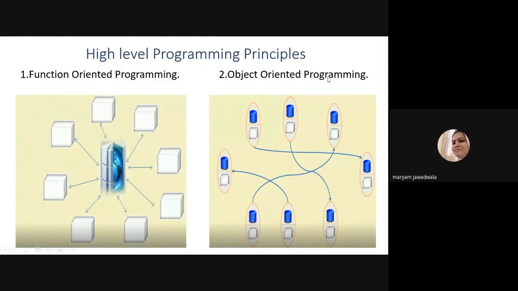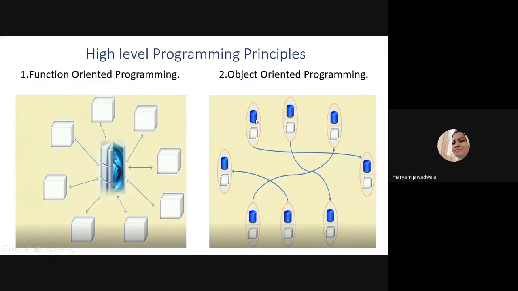Next concept is object-oriented programming. So what is object-oriented programming? Java is an example of object-oriented programming, students. What do you mean by object-oriented programming? In object-oriented programming, we write different objects, and objects communicate among themselves. Means there is no global data in object-oriented programming.